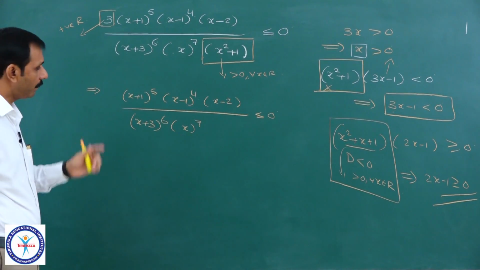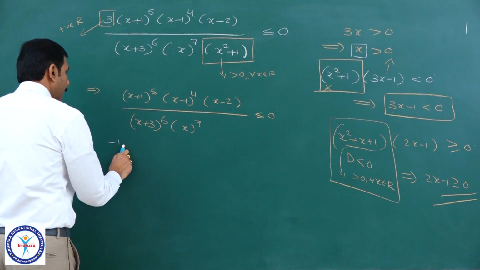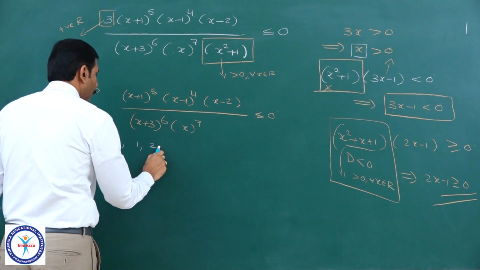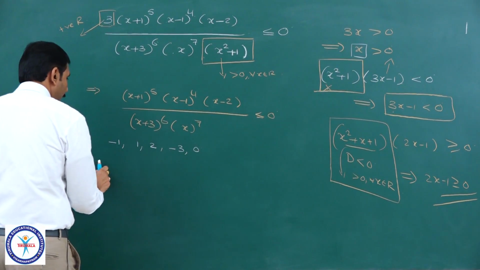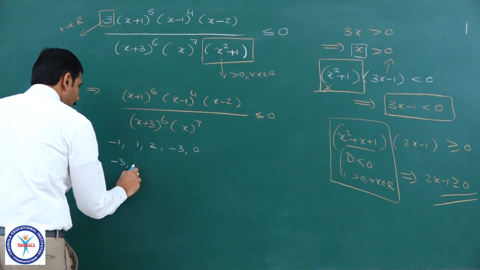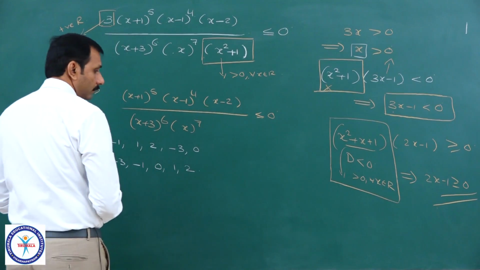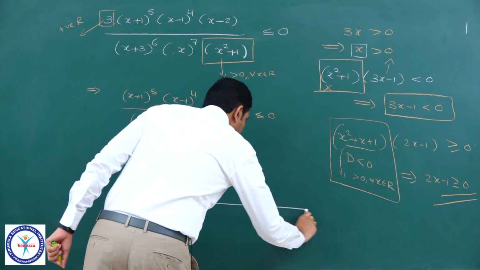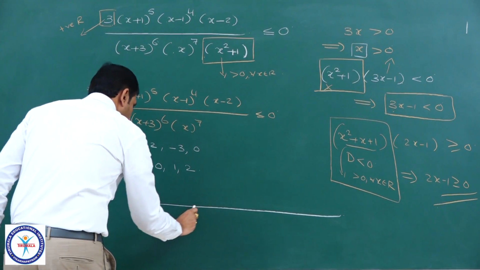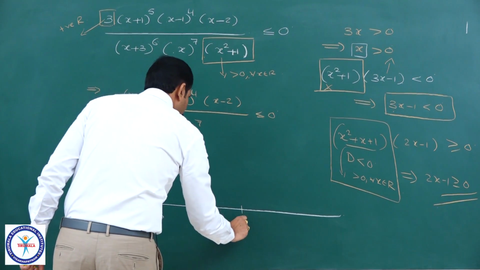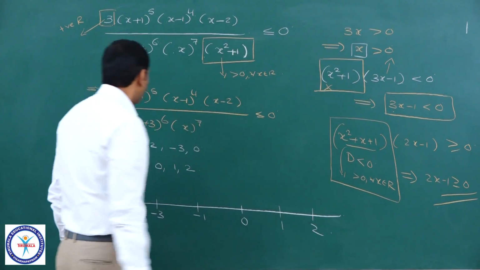Now, as usual, our wavy curve method. First, write all the zeros: −1, 1, 2, −3, 0. Write in ascending order: −3, −1, 0, 1 and 2. Take a real line: −3, −1, 0, 1, 2.